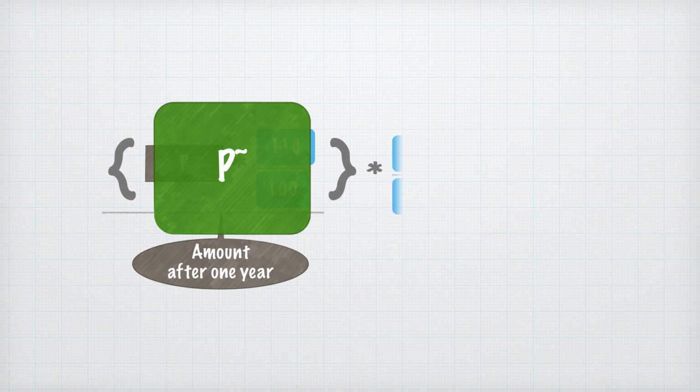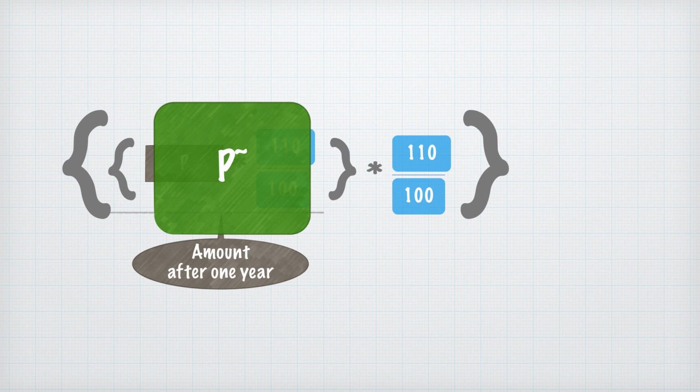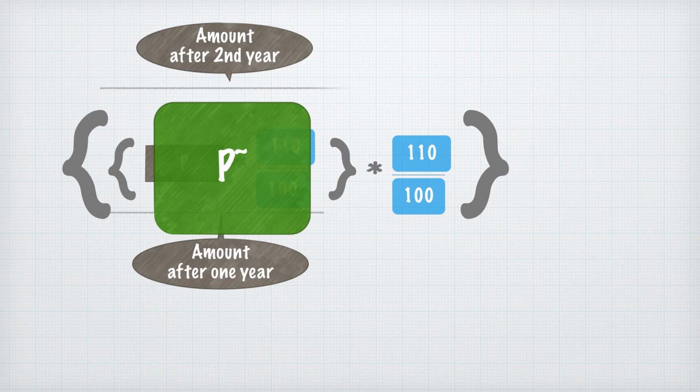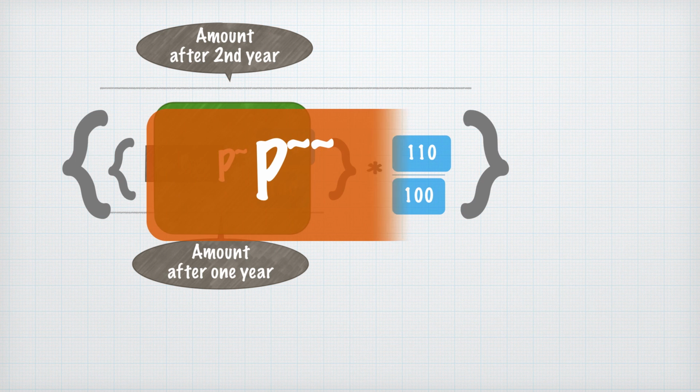Okay. So for the second year, this new principal again gets multiplied by 110 upon 100, right? Or 11 by 10. So this is my amount after the second year, P into 110 by 100 into 110 by 100, or P dash into 110 by 100, right? This becomes P double dash, or my new principal still.